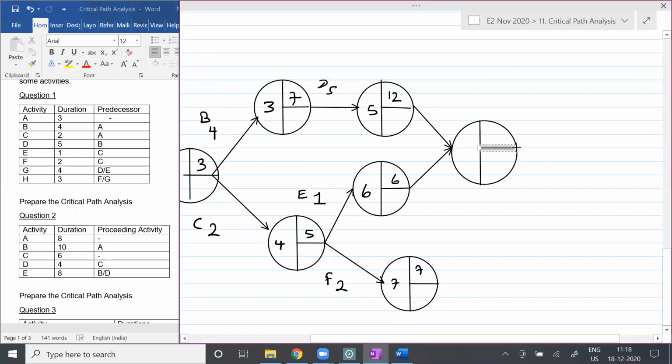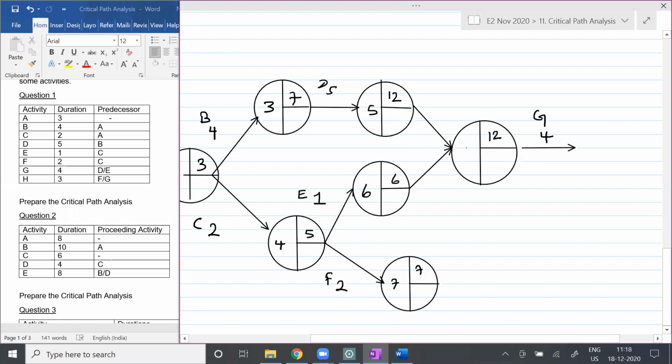Listen carefully, students. G will be taking how many days? 4 days. Now here comes the challenge. 12 and 6, which is the bigger number? 12. So here we are creating another activity.